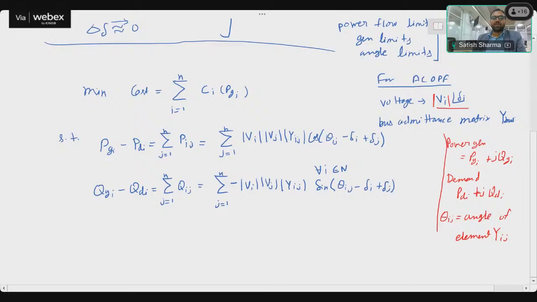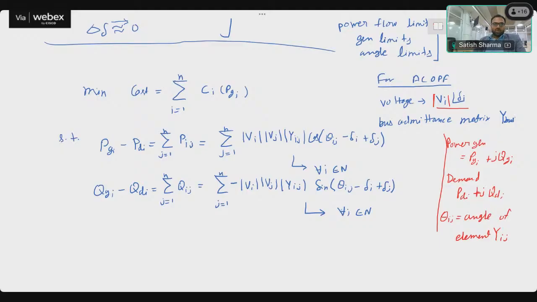This equation will also be written down for all i in the set of n. The names of these equations are the active nodal power balance equation and the reactive nodal power balance equation.